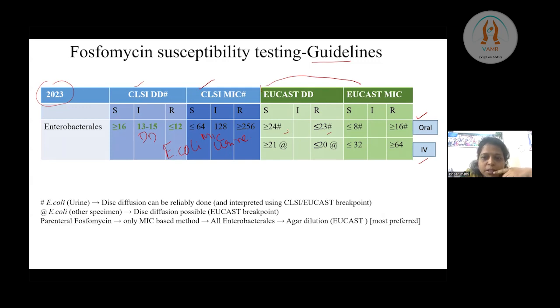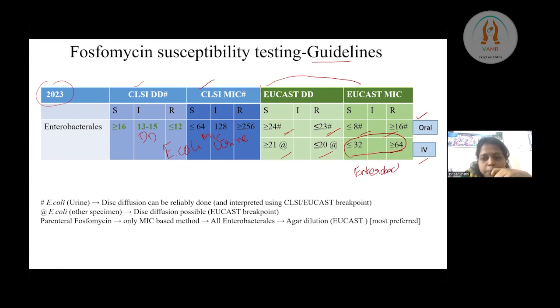For the IV formulations, E. coli urine disk diffusion is there, and MIC breakpoints are also there. This is for urine. For other specimens, E. coli, we have a disk diffusion breakpoint, but for other specimens MIC is also there. EUCAST MIC is there for other specimens, for Enterobacterales, not only for E. coli.